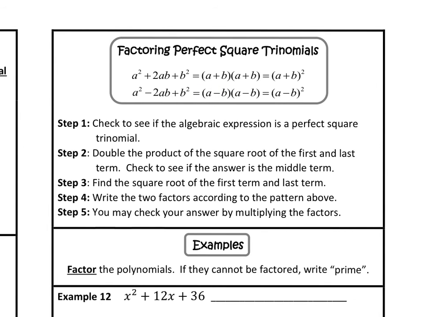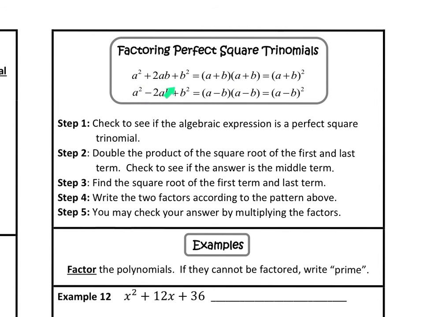Okay, and so if you notice, the pattern changes from what we were doing for the difference of squares. The pattern now says, okay, if I have a plus and a plus, then both terms in the parentheses are going to have 2 pluses. If I have a minus in the middle and a plus at the end, then it's going to be both minuses. So if I have a plus in the middle and a plus at the end, it's both plus.